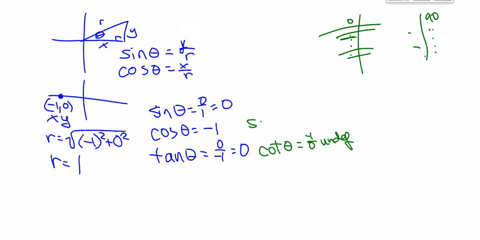So what is secant theta? What happens when you flip that upside down? Oh, -1 is like -1 over 1, so it's 1 over -1. It's the same thing flipped upside down. Cosecant theta, what's that? Undefined.